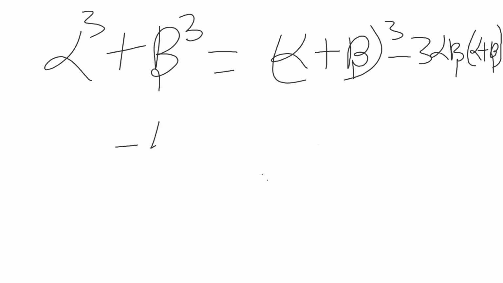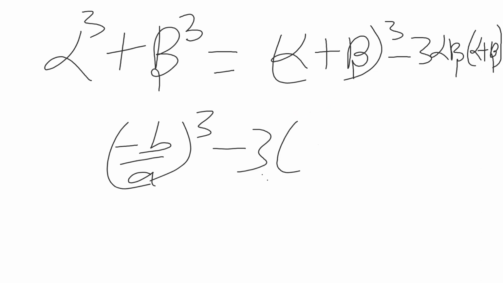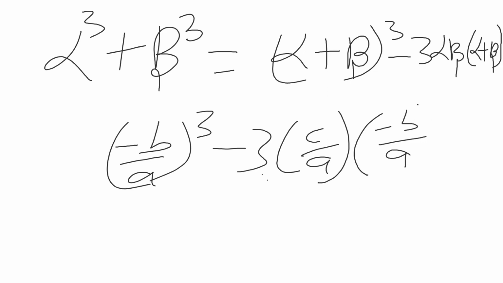It is negative b over a cubed minus 3 times alpha beta, which is c over a, times alpha plus beta, which is negative b over a. Then you start replacing.